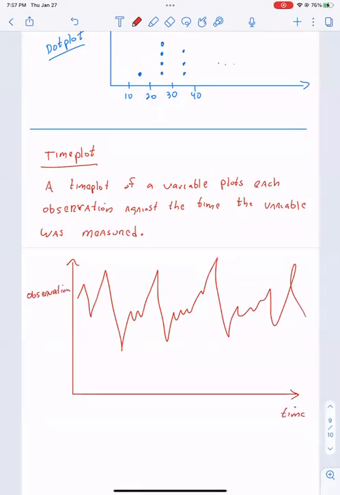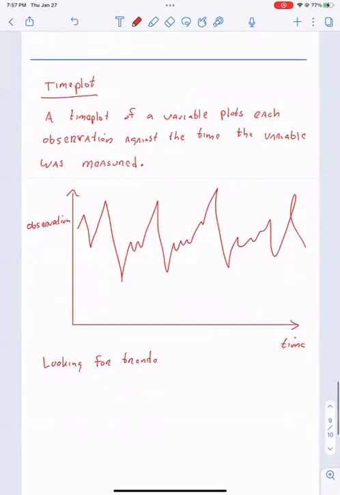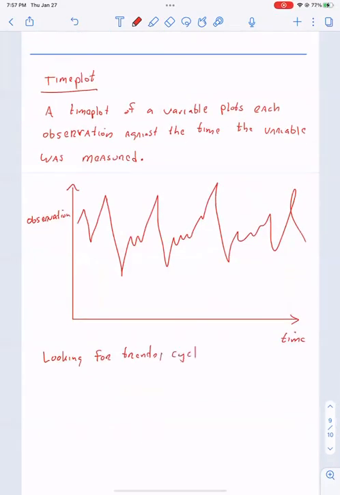And what are you looking for? You're looking for trends. You're looking for cycles. You're looking to make predictions.